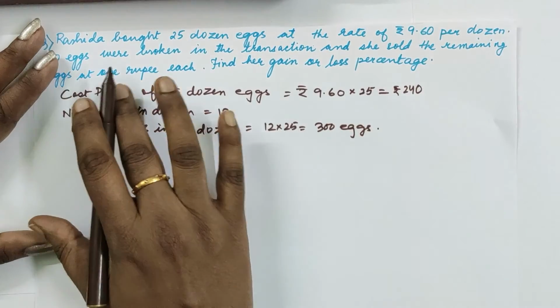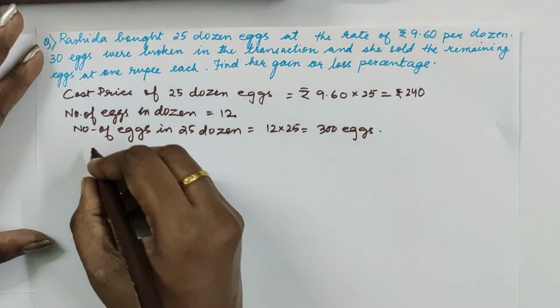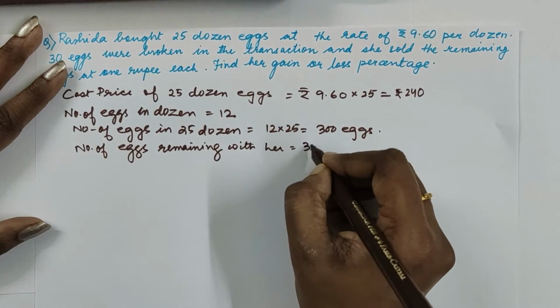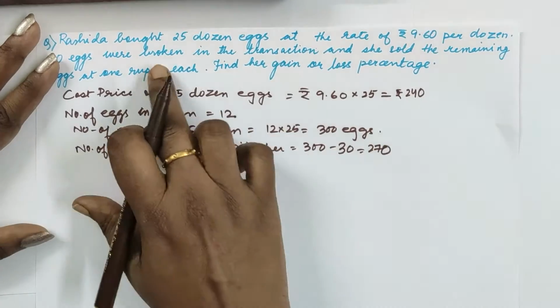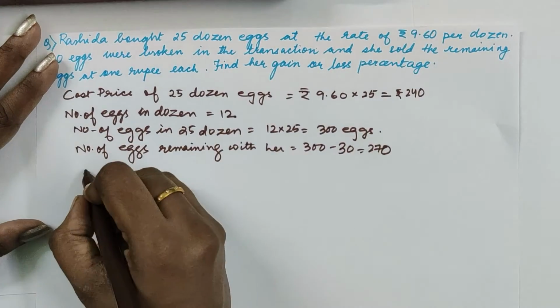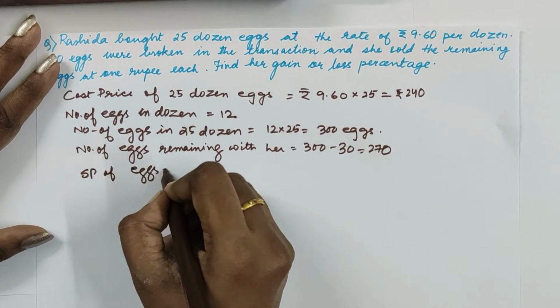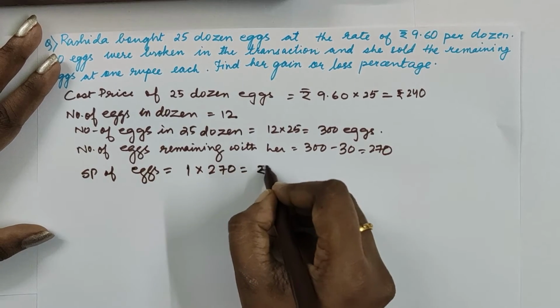And as she has broken 30 eggs, she can't sell them obviously. So number of eggs remaining with her is 300 minus 30, that is 270. And this 270 she is selling at 1 rupee. So the selling price of eggs become 1 into 270 because she has 270 eggs left with her.